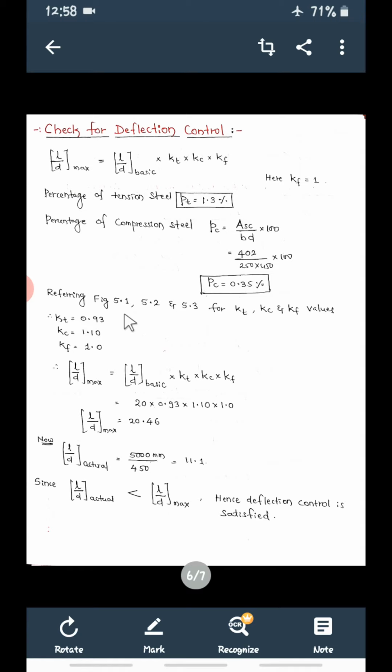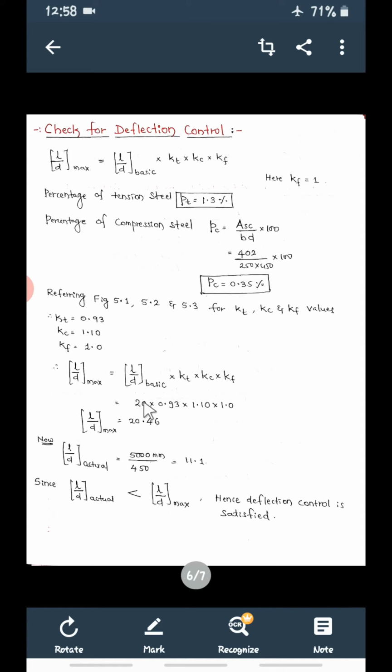Referring to figure 5.1, KT is equal to 0.93, and referring to figure 5.2, KC is equal to 1.10. So therefore, substitute here: L by D maximum is equal to L by D basic into KT, KC, KF. What is the basic value? Now it is a simply supported beam. If it is a simply supported beam, basic L by D is 20 only. If it is a cantilever, then it changes.